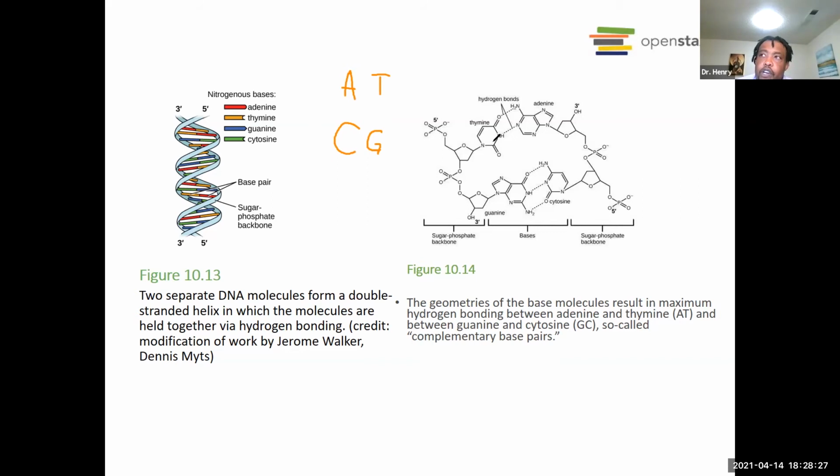And then the amine group on the ring structure is also forming one with the nitrogen in the ring structure there as well. And in the case of G and C, guanine interacting with cytosine, you also form hydrogen bonds. So it plays a really important role in our survival, keeping our DNA intact. Does that make sense?